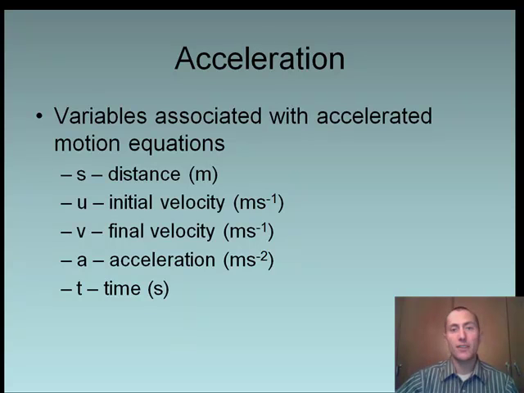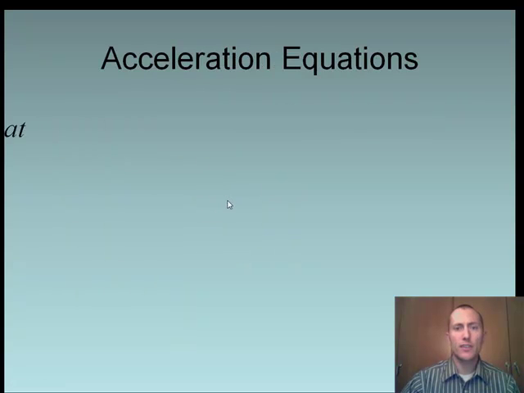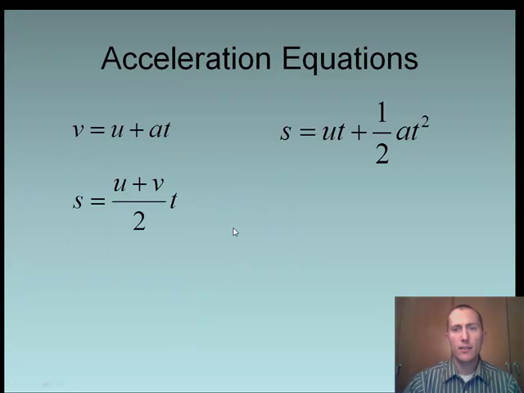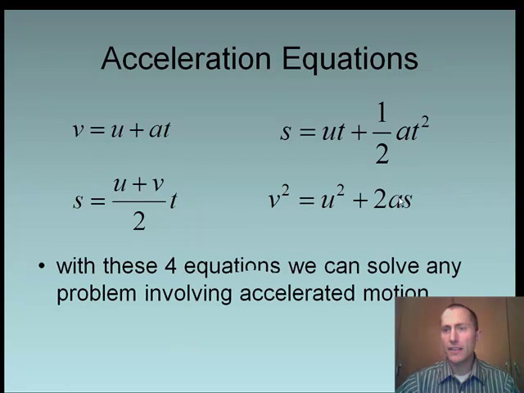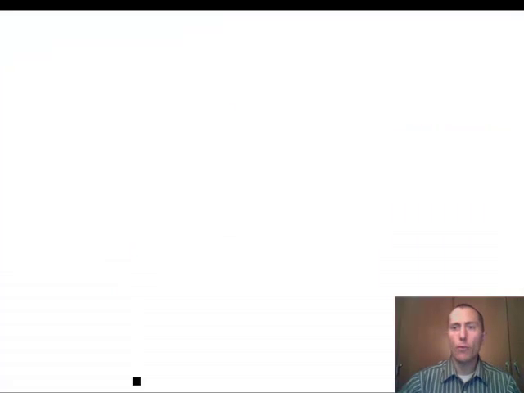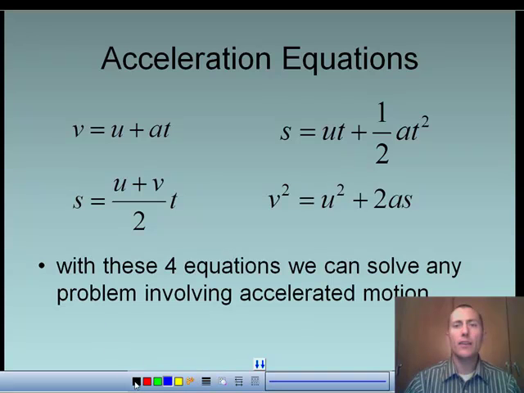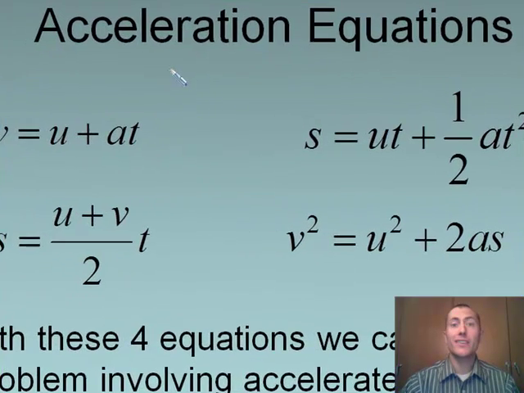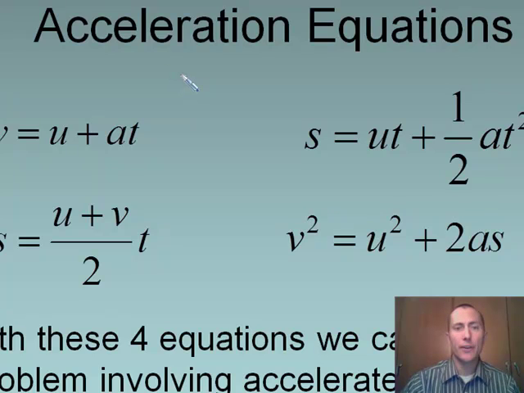And when we put these variables together in a couple equations, we get the 5 key acceleration equations. And here you see 4 of them, but in reality all of these equations are derived in some form from the definition of acceleration, and that is that acceleration is equal to the change in velocity over change in time. That's the definition of acceleration.